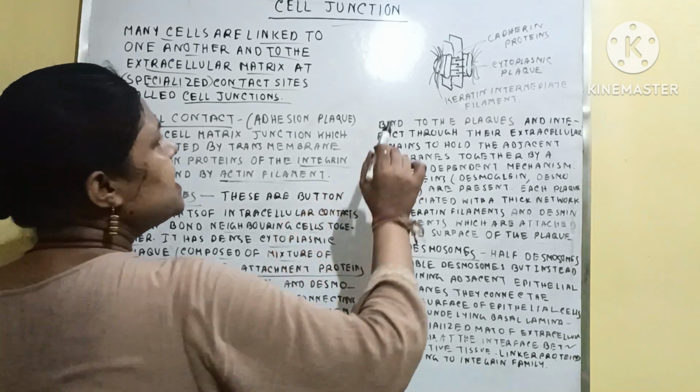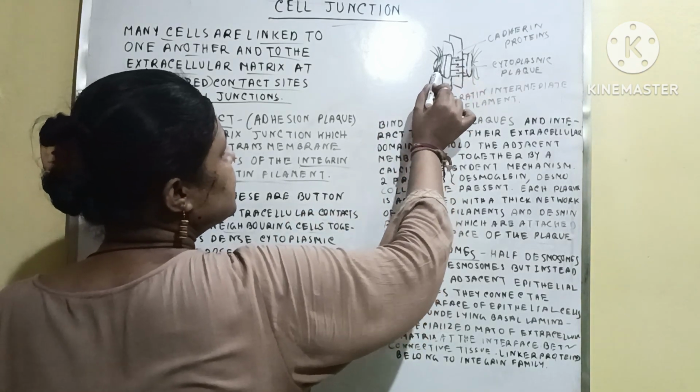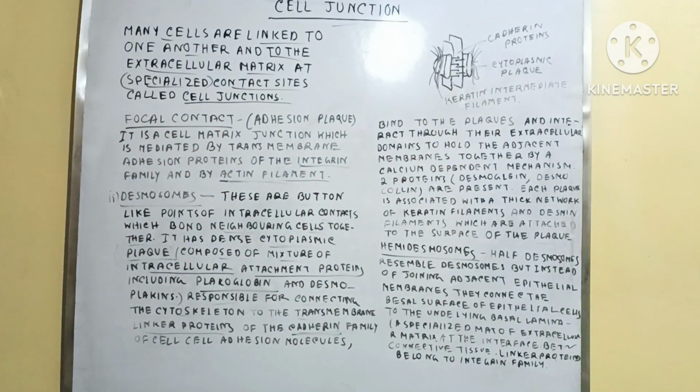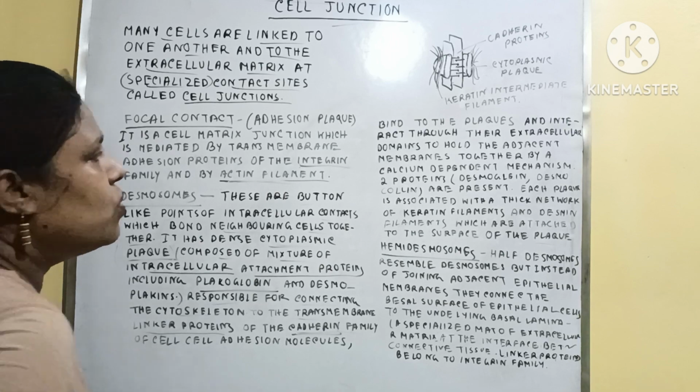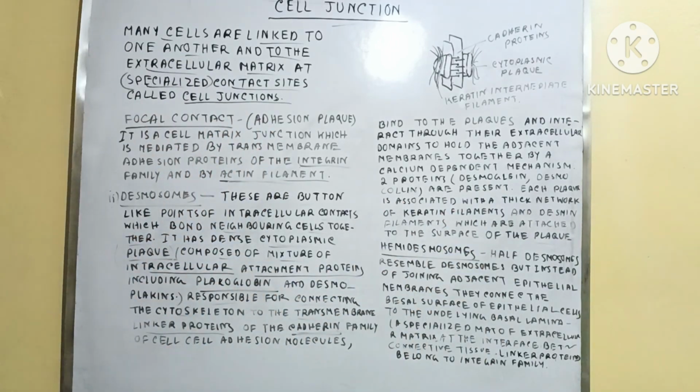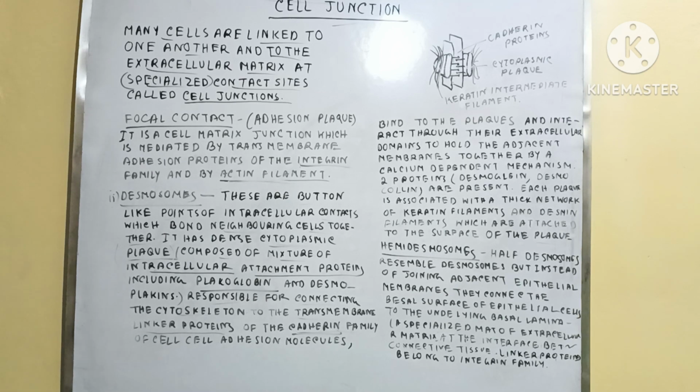And obviously keratin filaments play an important role in this joining process. And the proteins present here are known as desmoglein protein and desmocollin protein. Okay, so this is the actual desmosome. So these are one kind of anchoring junction.